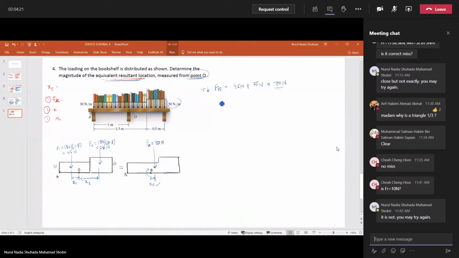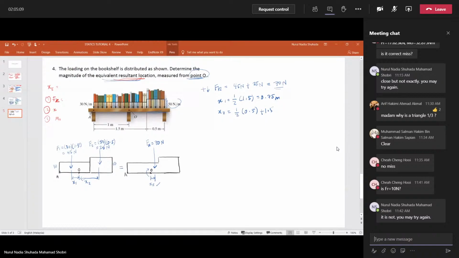So x1 is equal to 1/2 times 1.5, which is 0.75 meter. x2 is equal to 1/2 times 0.5, plus 1.